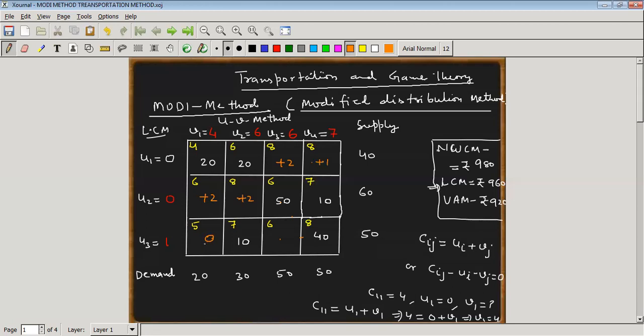If we allocate at this point, then we get the same optimal solution, so we have an alternate option. Now in this one, 6 plus 1 is 7, and 6 minus 7 is minus 1. So at this point we observe that the per unit cost is decreased by 1.